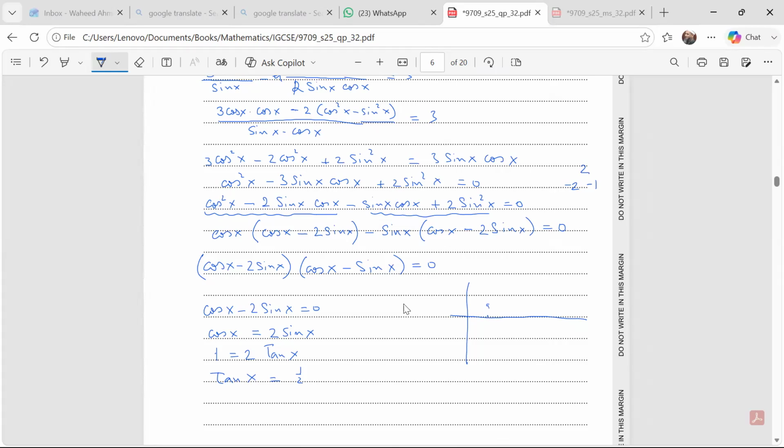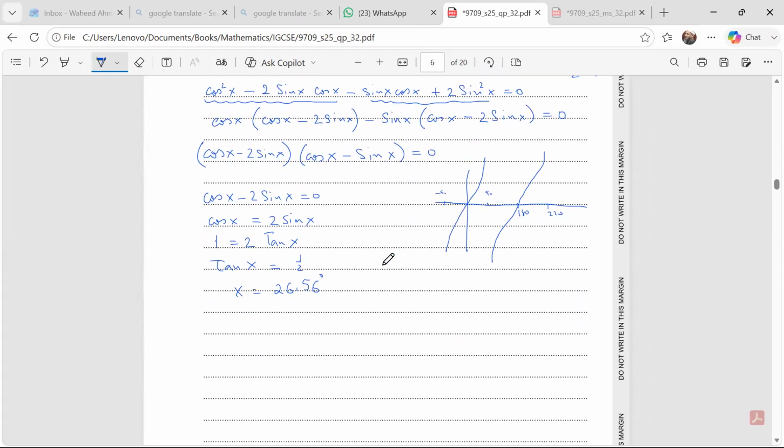It is 90 and minus 90. So it goes something like this. Similarly, this is 180 and this is 270. So the next period comes from here. Okay, this is 180. So from 0 to 180, there's only one value for which tangent x is 1 by 2. And that's somewhere here. And if I use a calculator, this x comes out to be tangent inverse of half. And the tangent inverse of half is 26.56 degrees.